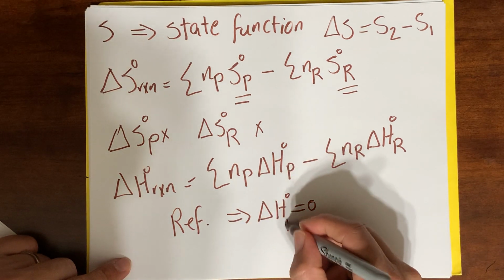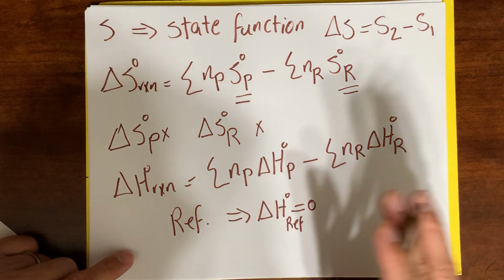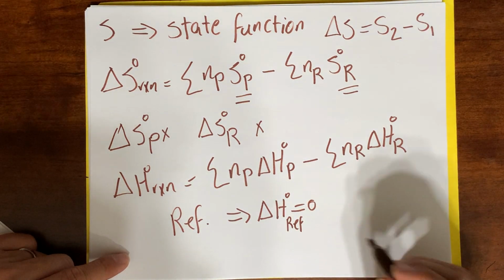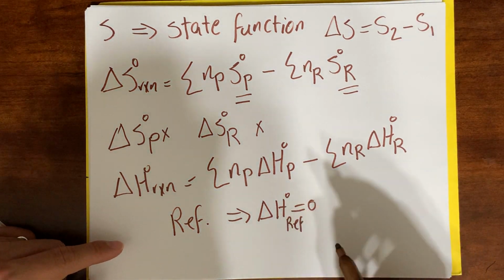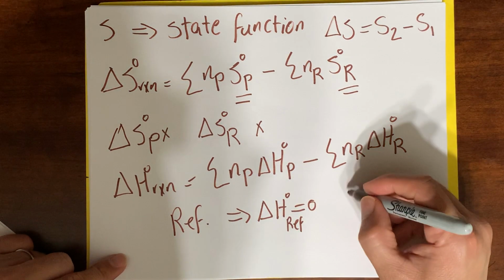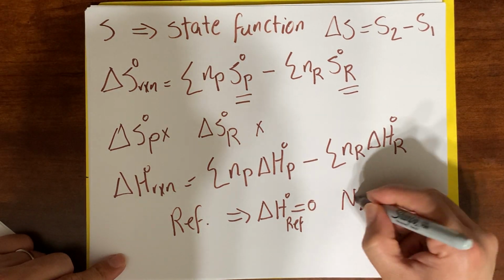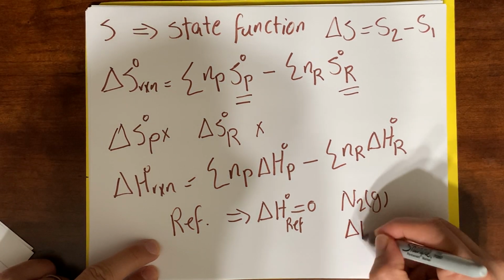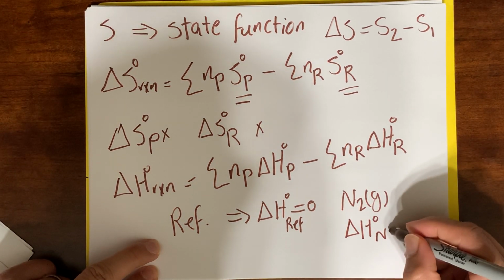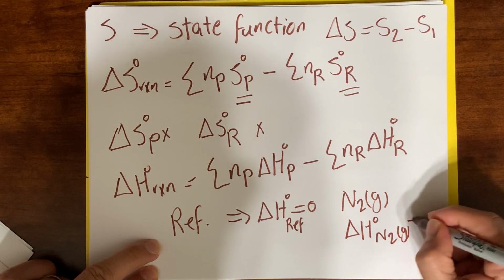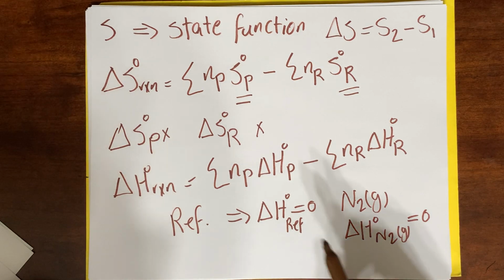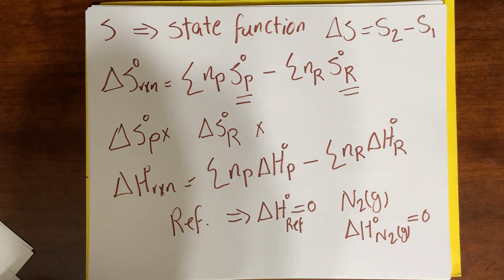So the reference, whatever we are talking about, is the most stable phase of that compound or element. Like nitrogen, the most stable phase for nitrogen is going to be N2 gas. So delta H of N2 gas is going to be equal to 0. We do not have such a case when it comes to entropy.